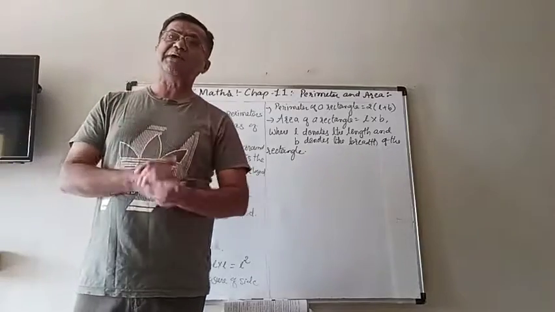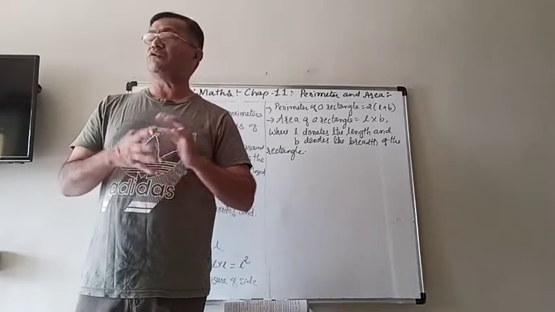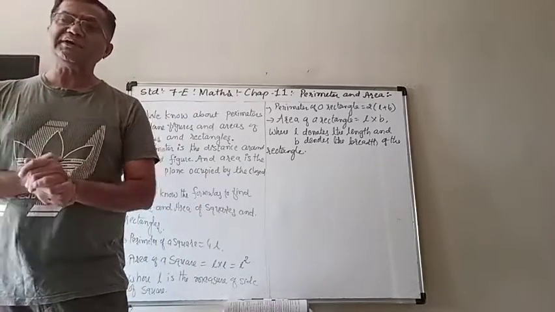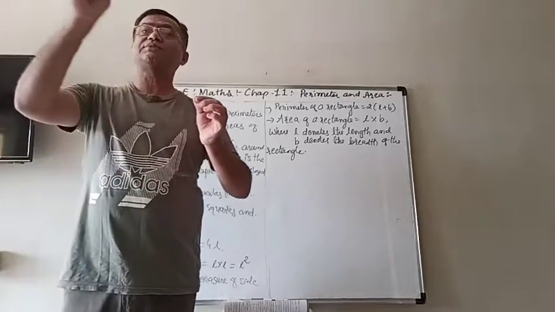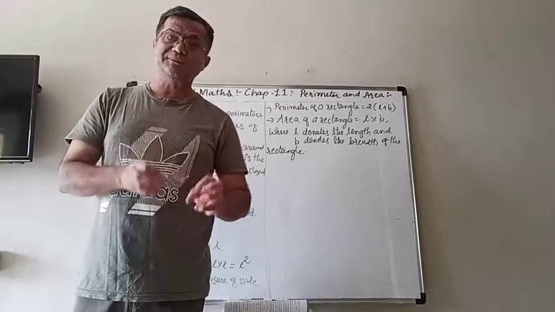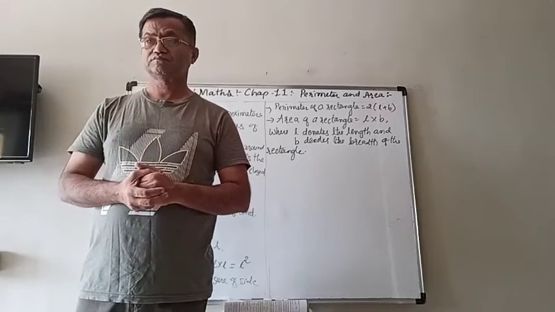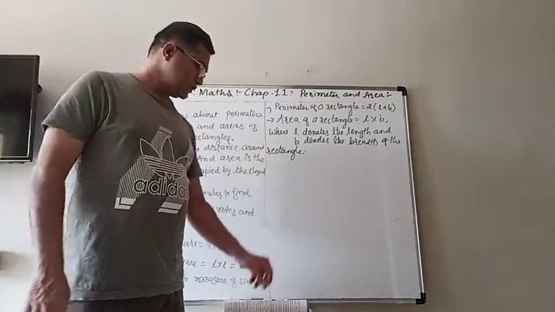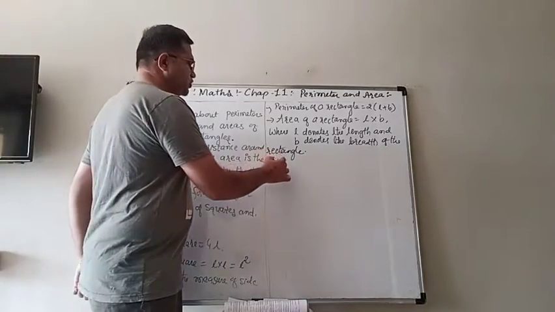Now, what is the perimeter and what is the area? Perimeter is the length of the boundary of a closed figure. Suppose this is a closed figure.